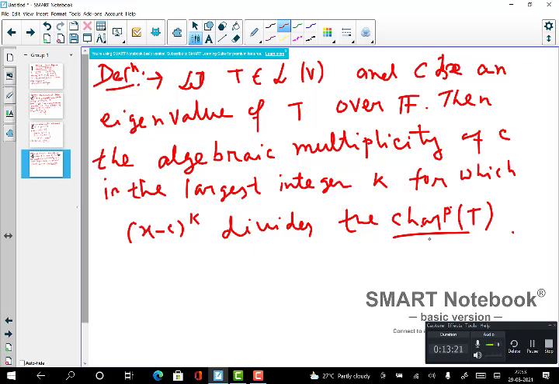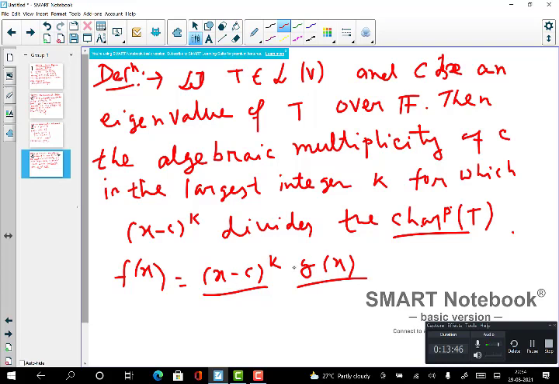So if the characteristic polynomial is f(x), you write f(x) in terms of its factors, with the largest power of x minus c that divides it, and there is some other polynomial, maybe g(x), such that the GCD of x minus c and g(x) is 1.